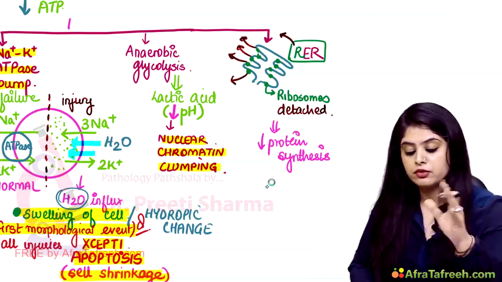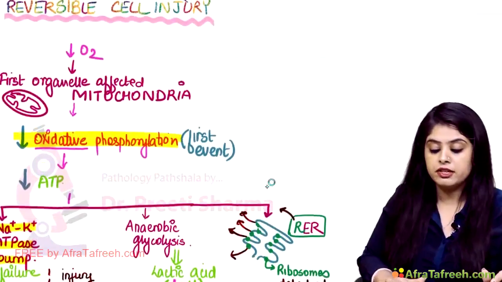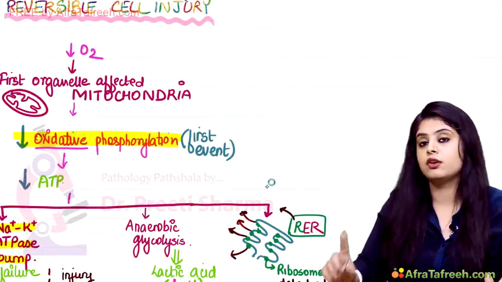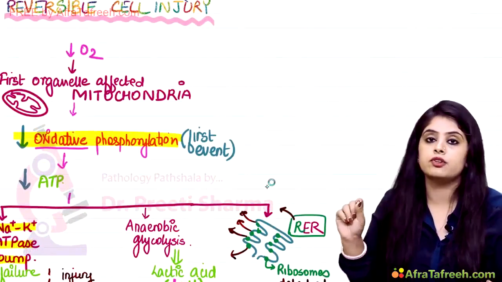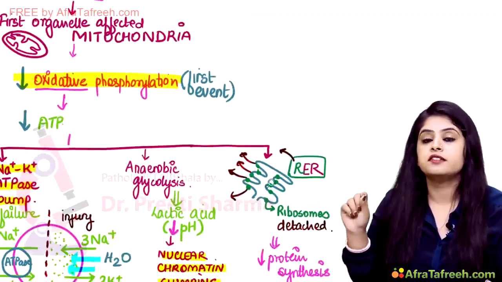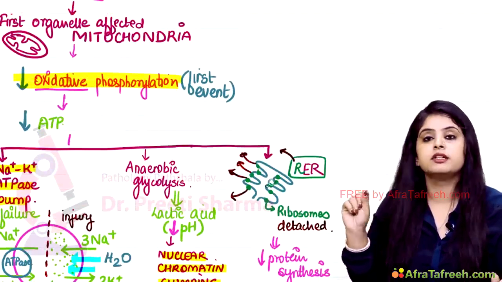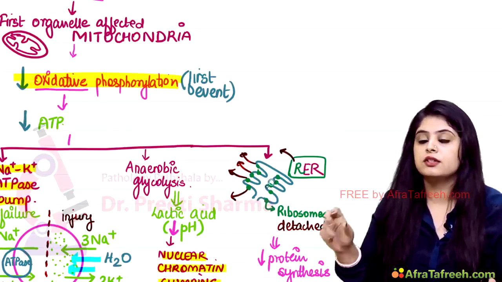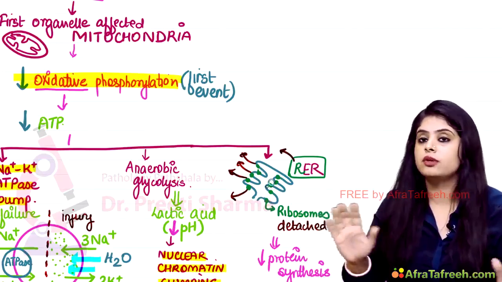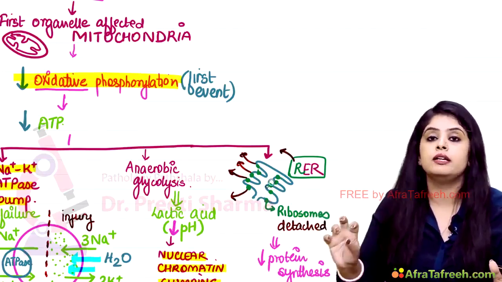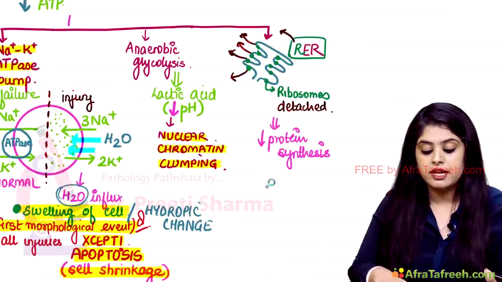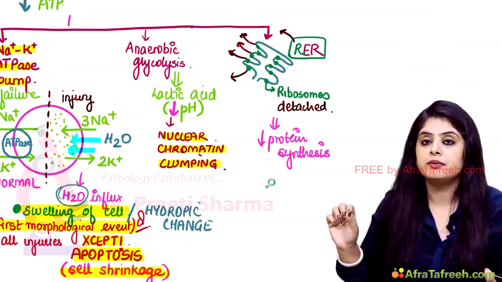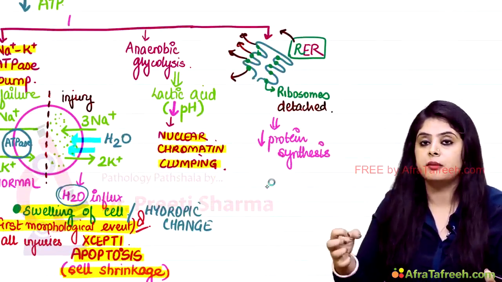So the key points over here are that because of a decrease in oxygen, the first organelle that got affected was the mitochondria. So the first event that took place was a decrease in oxidative phosphorylation. Thus, the powerhouse of the cell is going haywire and now we have a low ATP state. Because of that, the sodium-potassium ATPase pump is affected and a lot of water starts coming in.